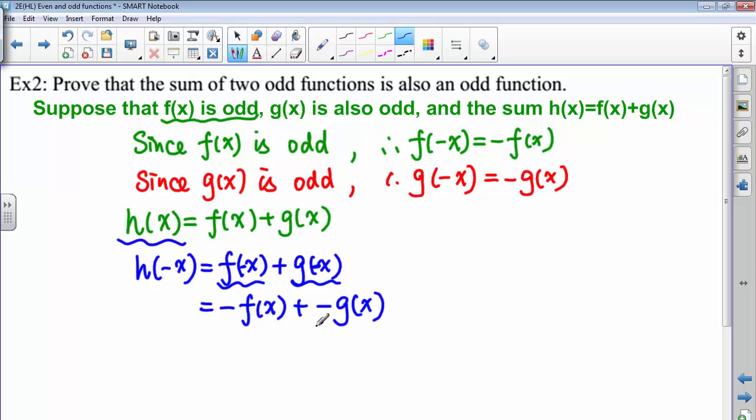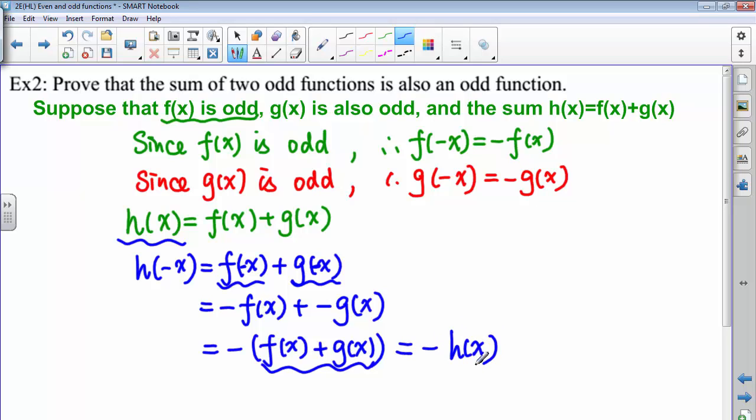Both of these two terms have the negative sign, so we can take out the negative sign and leave f of x plus g of x in the brackets. And this one is h of x. So far, we can see h of negative x is equal to negative h of x.